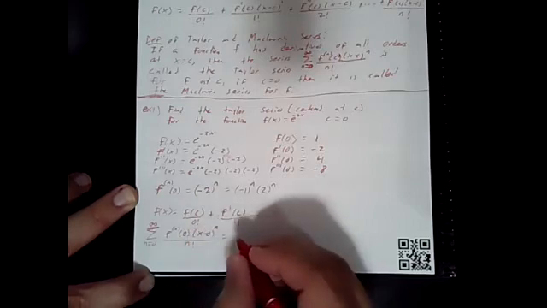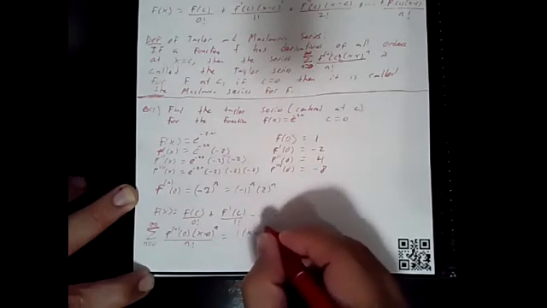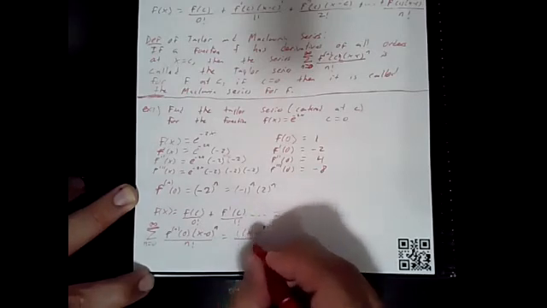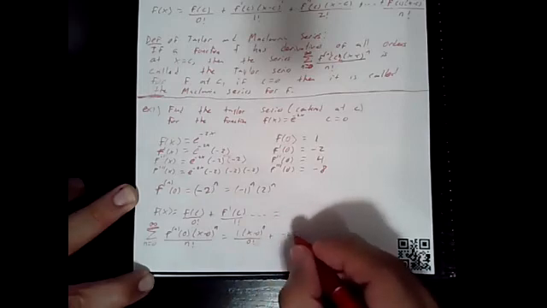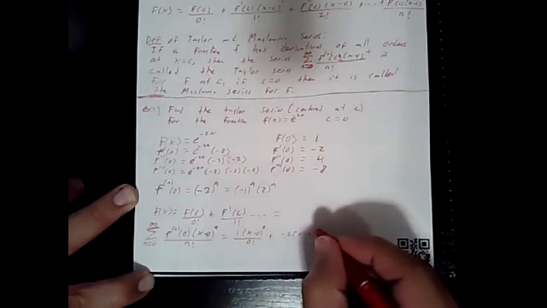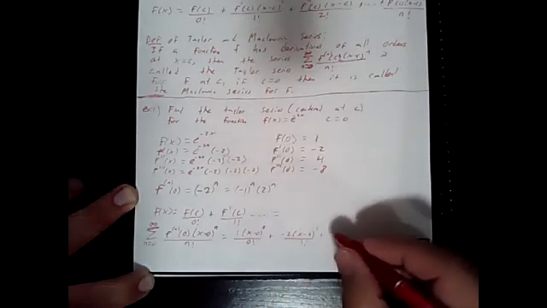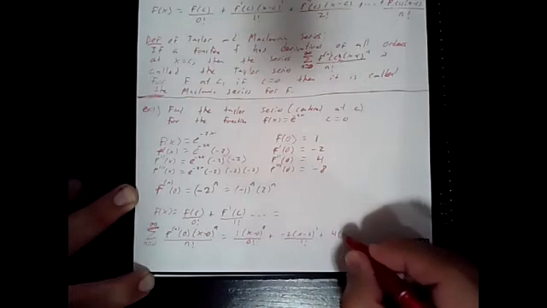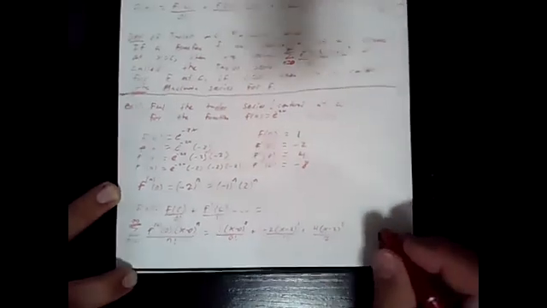So we're going to have 1 times x minus 0 to the 0 over 0 factorial, plus a negative 2 times x minus 0 to the 1 over 1 factorial, plus positive 4 times x minus 0 squared over 2 factorial, right?